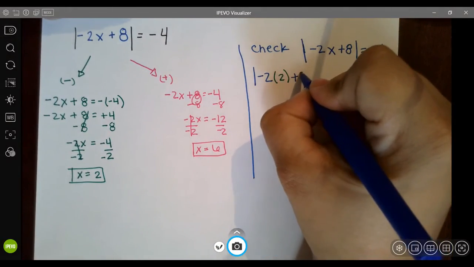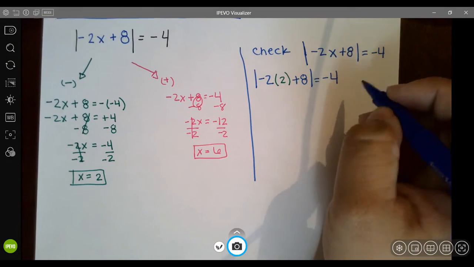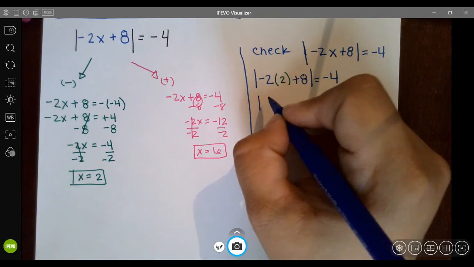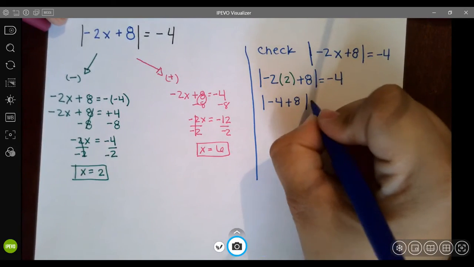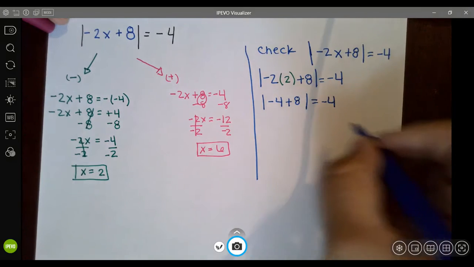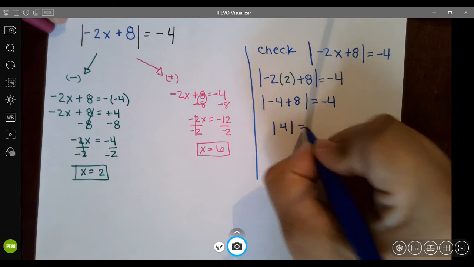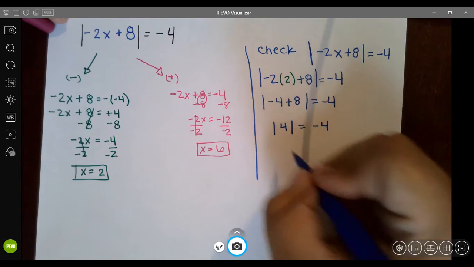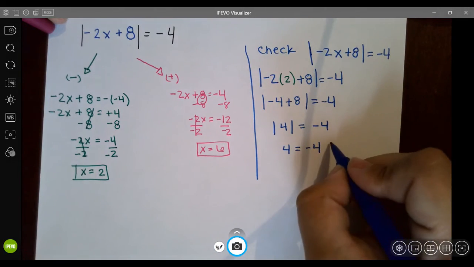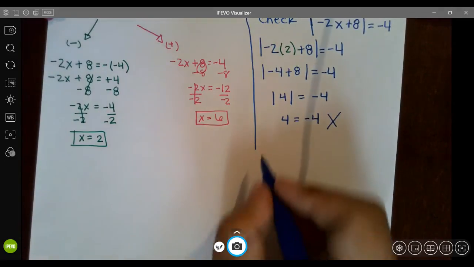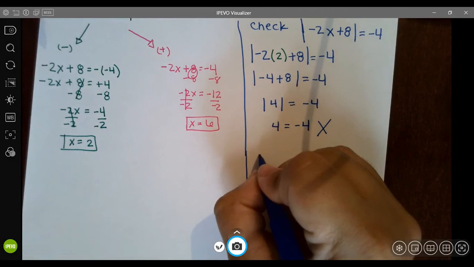And everything else stays the same. Okay, so now I'm going to solve it. So negative 2 times 2 is negative 4 plus 8 equals negative 4. Okay, so the inside we're left with 4 equals negative 4, and we're going to take our 4 out of our absolute value so it stays positive. And as you can see, 4 is not equal to negative 4, so I'm just going to put an x there.